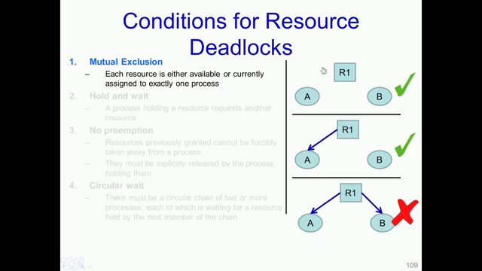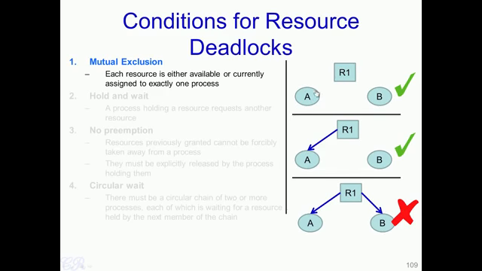So, what we mean by this is that each resource in the system is either available or currently assigned to exactly one process. For instance, over here we have resource R1 which is free, so it is not assigned to any particular process.